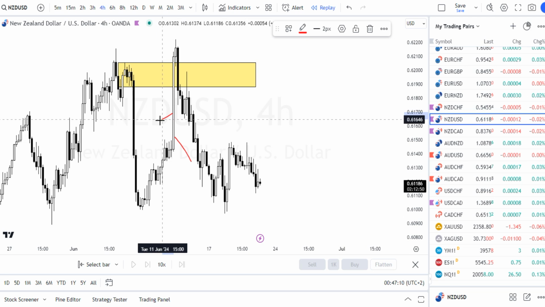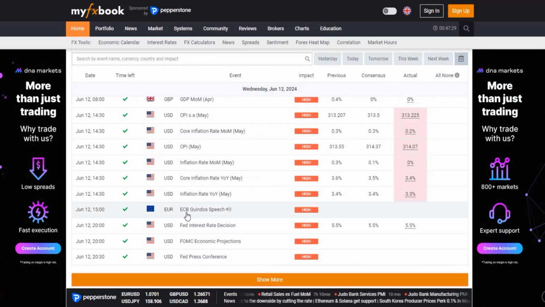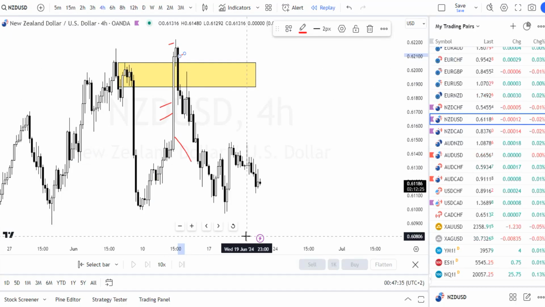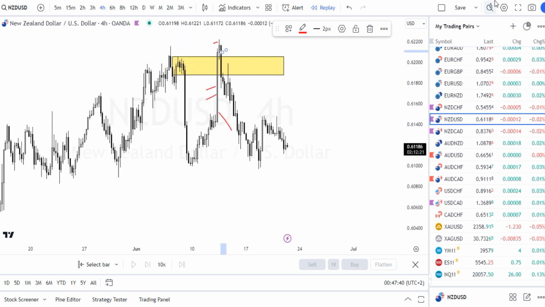That candle finished right after the CPI news, and this candle started 1 hour before the Fed, and after the Fed interest rate decision came, the market just went down. Okay, but this was a right trade to take.